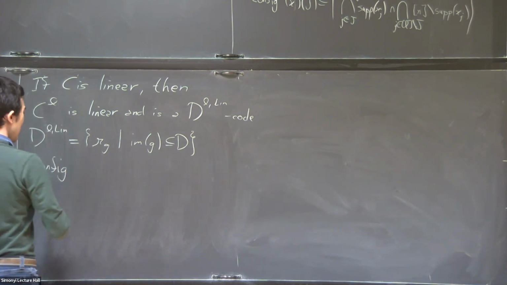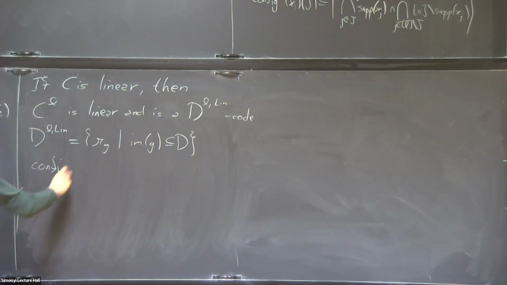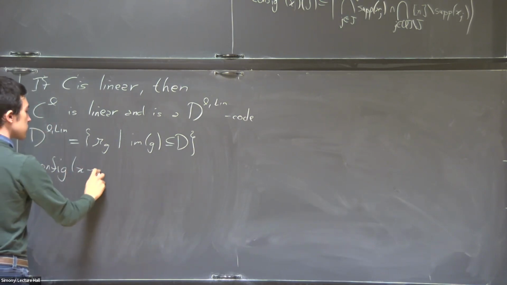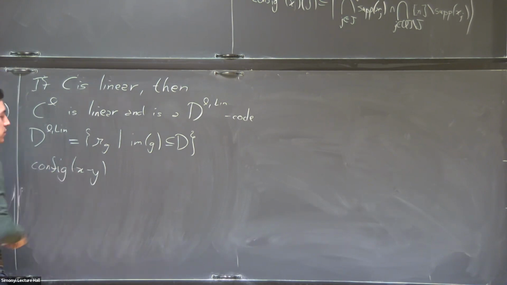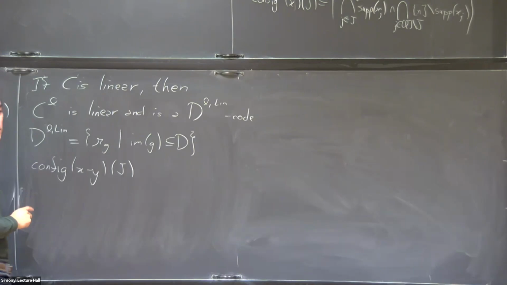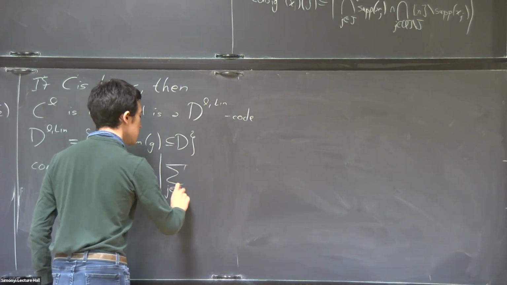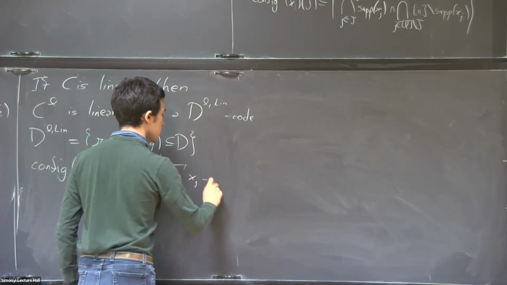Right. So remember, now that I have a linear code, it's obvious that C to the L is linear. If I want to know the inner distribution of that, the A_Cs, it's enough to just compute, well, I guess I can just do it like this. Let's do this with X minus Y, but let's compute in an arbitrary set J, not just a singleton J as we did here. Well, this is just going to be the Hamming weight of the sum over j in J of Xj minus Yj.